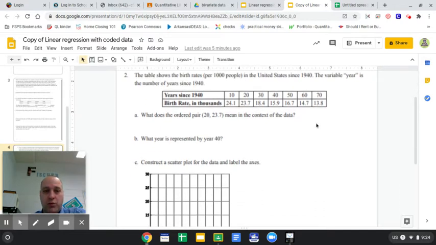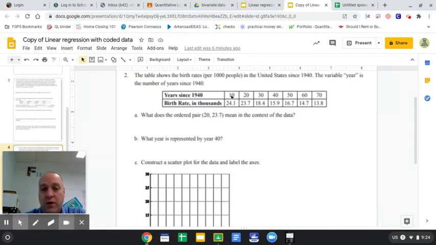The table below shows the birth rate per 1,000 people in the United States, the variable year since 1940. What does the ordered pair (20, 23.7) mean? Well, it just means that the 20 is 20 years since 1940. So 20 plus 1940 is 1960.